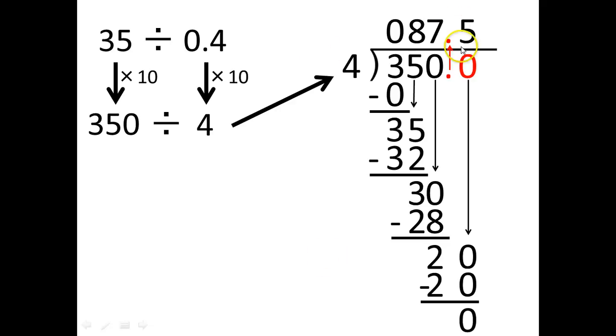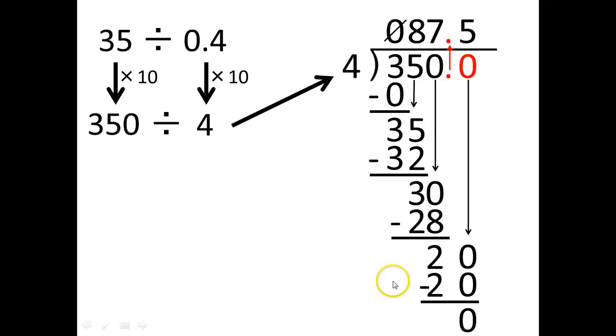Okay, and if we look at the quotient, just like with the previous question, we can cross out or ignore the leftmost 0, because basically that's saying that there's 0 hundreds. So we can see that the quotient is 87.5.